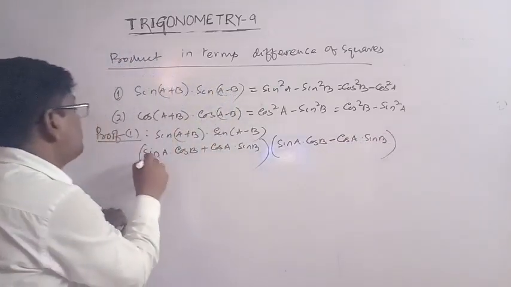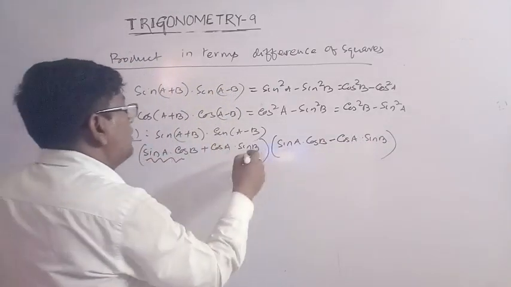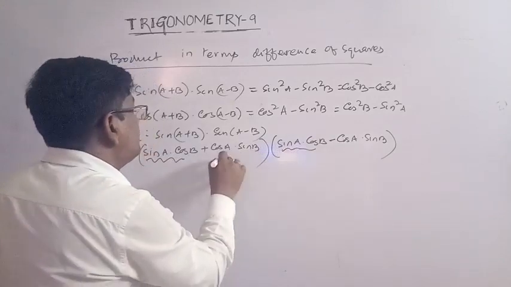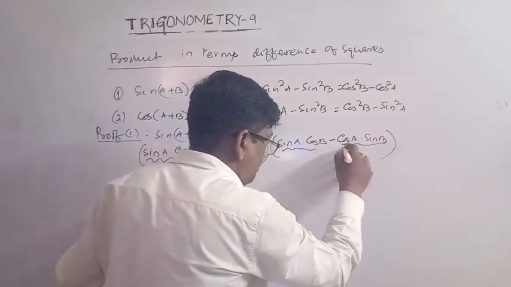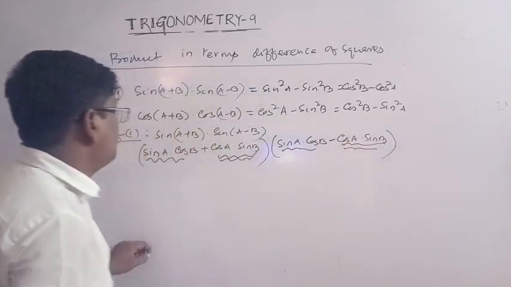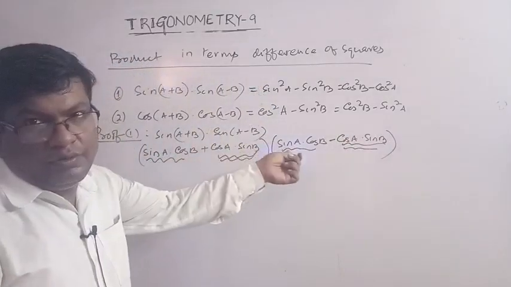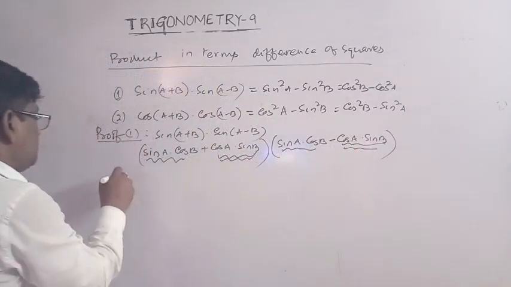Suppose this is A and this is B. So which formula here? (A+B) into (A−B), so A square minus B square.